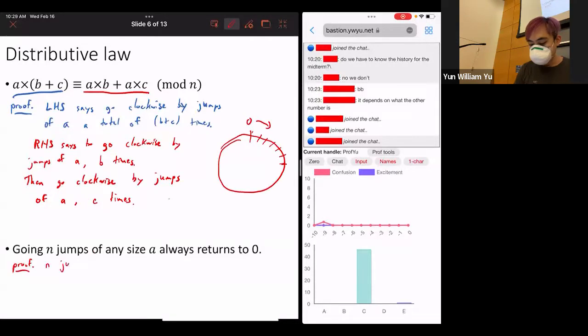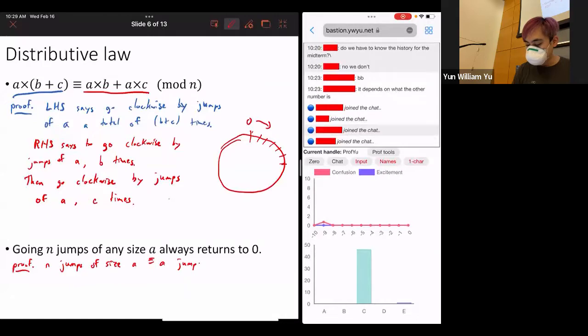So n jumps of size a, that's equivalent to a jumps of size n, right? So those two are the same thing. If I go five steps of size 2, 2, 3, 4, 5, versus if I were to hop over in groups of 5, those are the same thing.